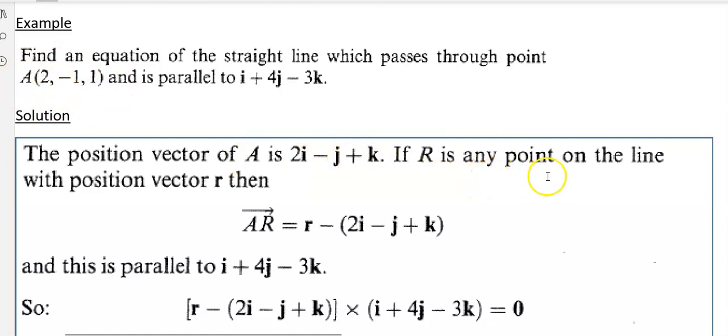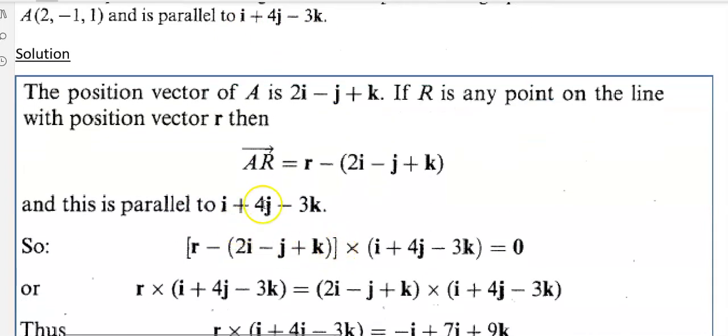So if r is any point on the line with position vector r, then A to r is equal to r minus a. And this is parallel to i plus 4j minus 3k, so if you do the cross product of AR and i plus 4j minus 3k, you're going to get 0.